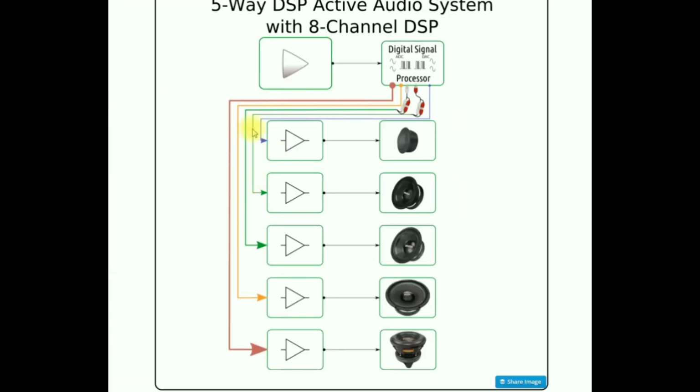And then what we have going on is the mid-range is split to these 2 amplifiers. So we have to do a bandpass using DSP filters as well as amplifier filters, and that's going to be for the 6.5 and the 8-inch woofers.